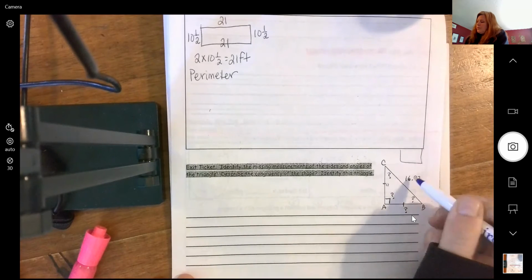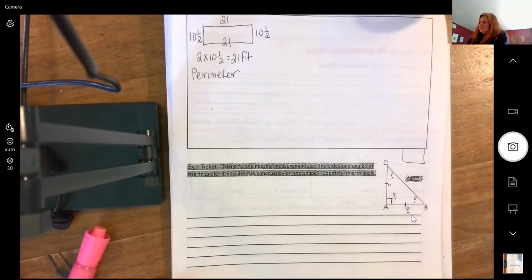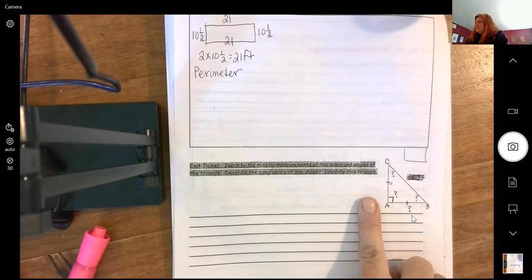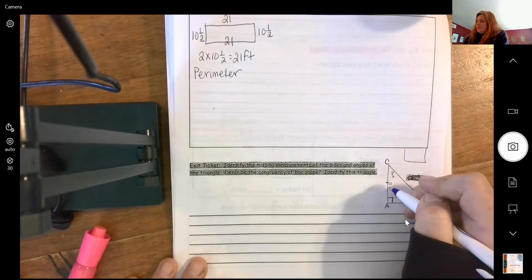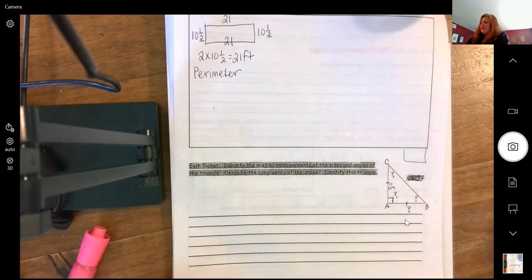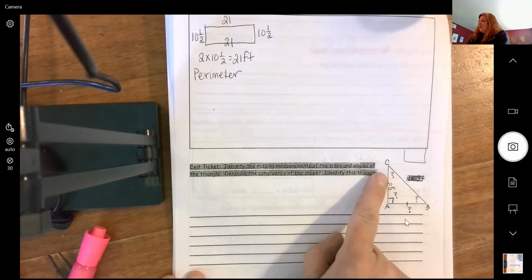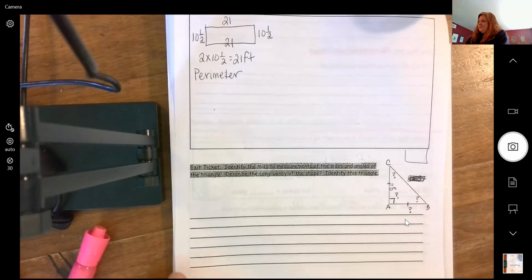I'm not sure why I put this in there. All right, so we just need our 2 sides. Oh, because it gave you, I see, don't forget this little. So it is not to scale because if you actually measure them, it is a little different. All right, so we need angle A, angle B, angle C, and side AB.